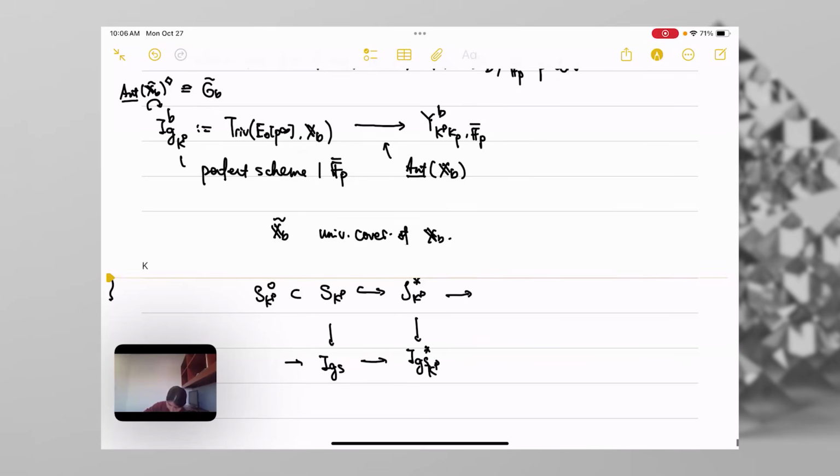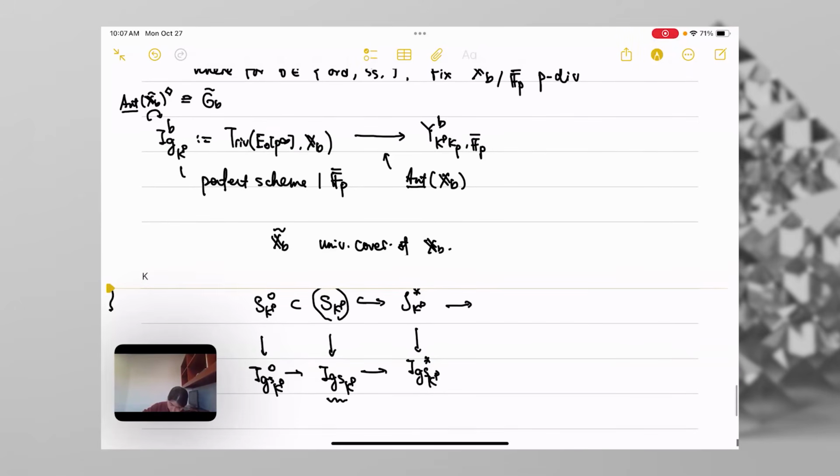This will be the extension. And in Daniel's talk, he will explain how you get this by specifying some relation over this Shimura variety.